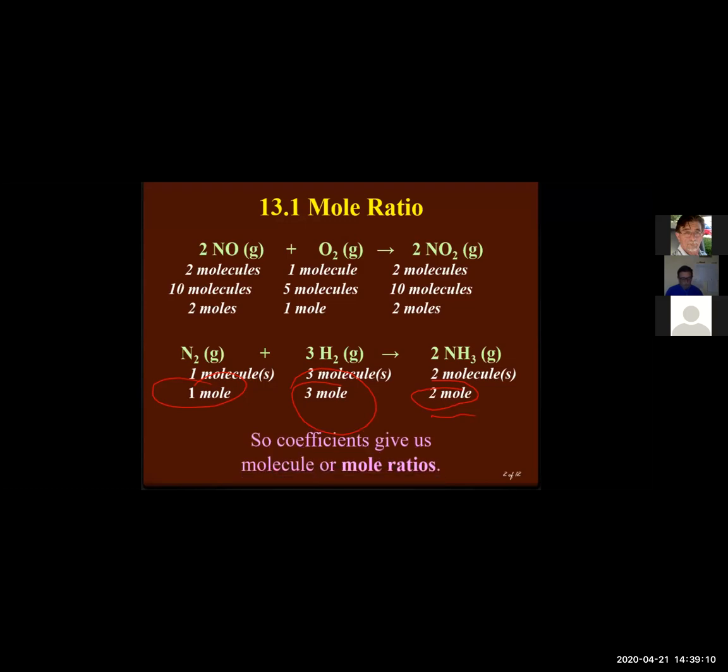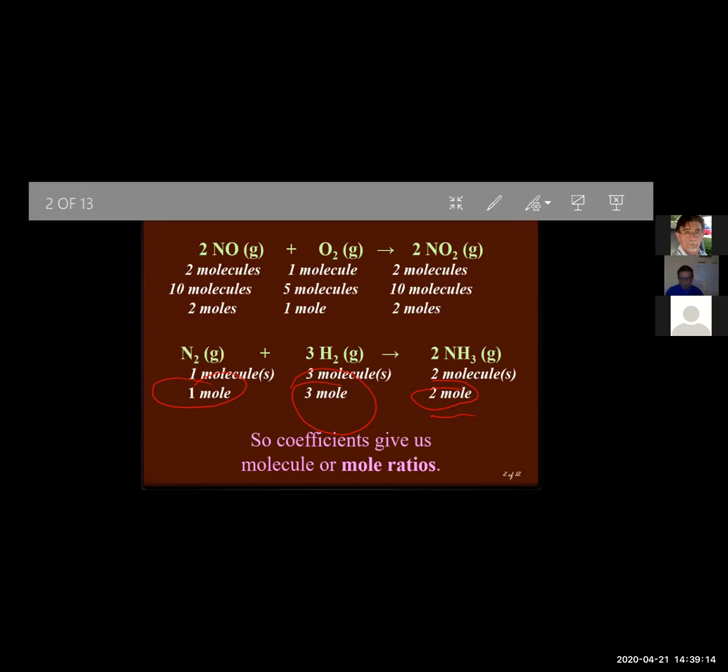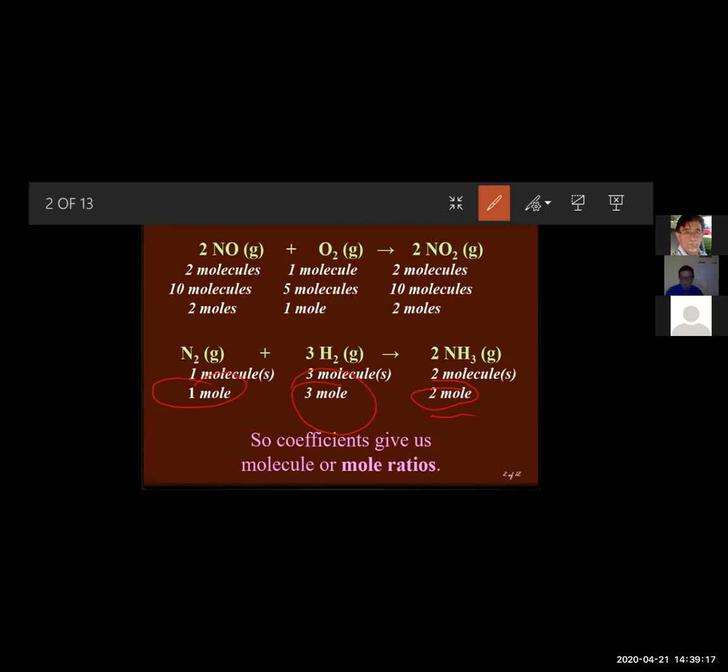So the coefficients give us the mole ratios. Now, refresh your memory from when we talked about conversion factors. And I emphasized the point about ratios. Ratios, be it dollars per hour, miles per hour, now grams per mole, any ratio can be written one or two ways, okay? And I demonstrated that. Well, we have a ratio here.